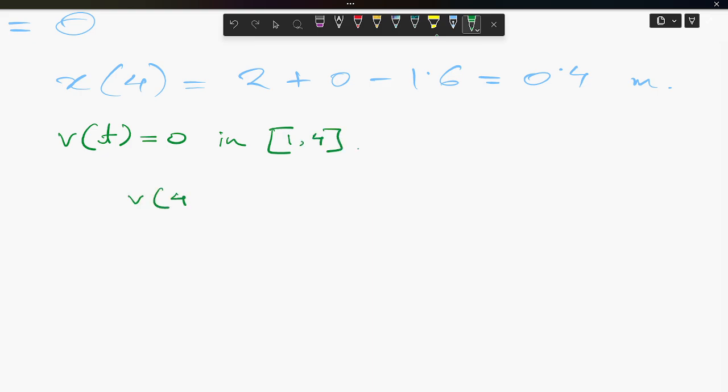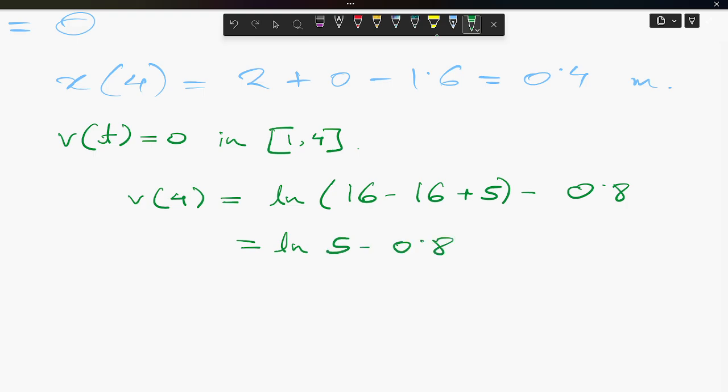So our v of 4 is what? That is ln of 16 minus 16 plus 5. Sorry, that will be minus 0.8. So we would get only ln 5 minus 0.8. So that can be approximated with 1.609 minus 0.8.